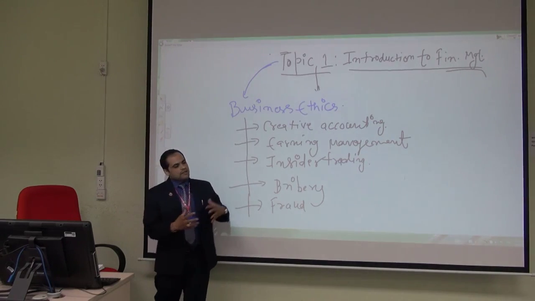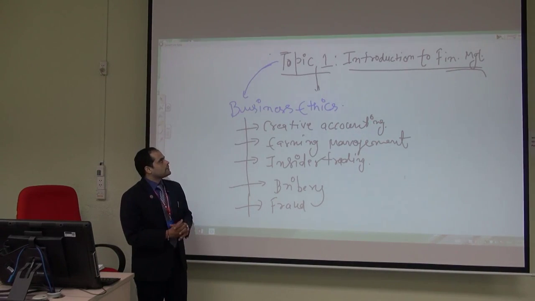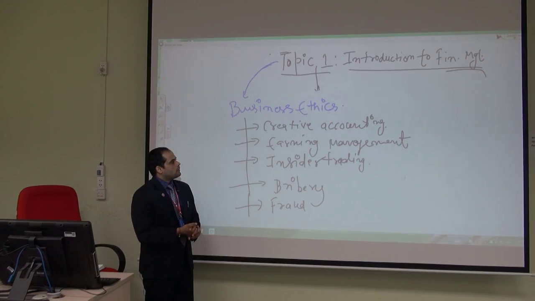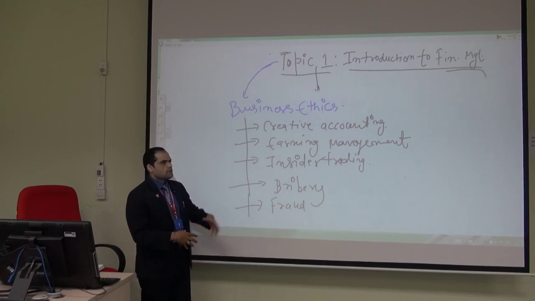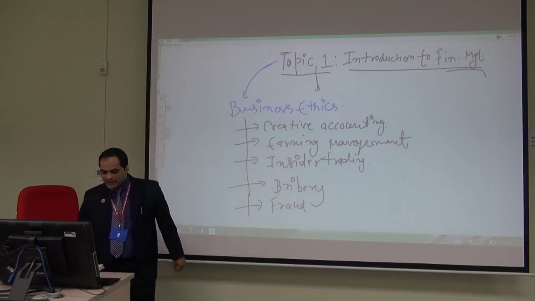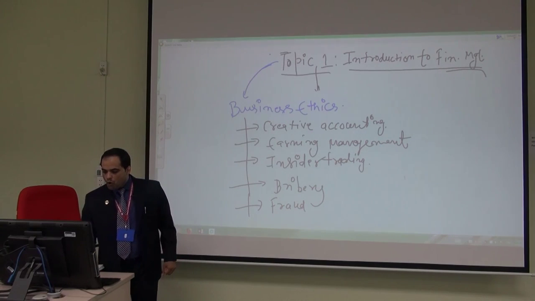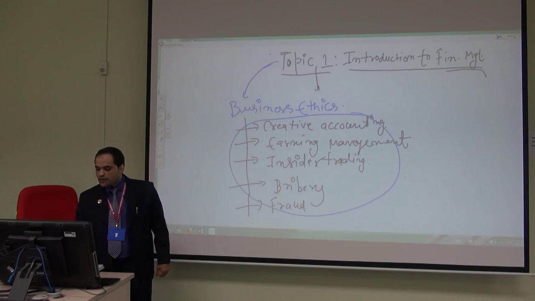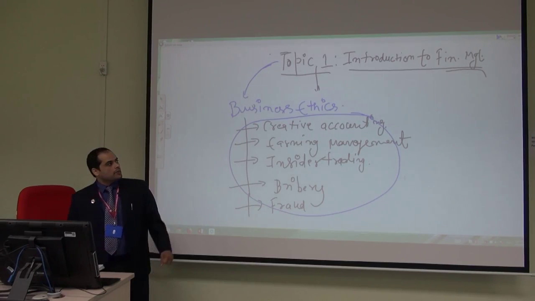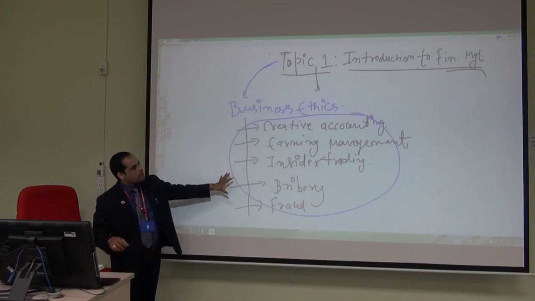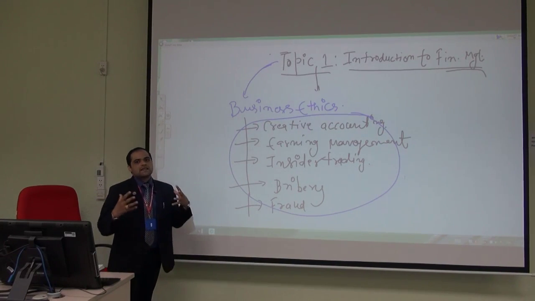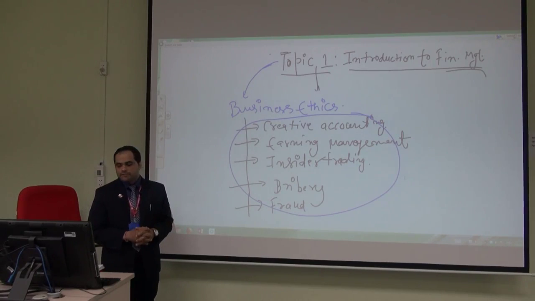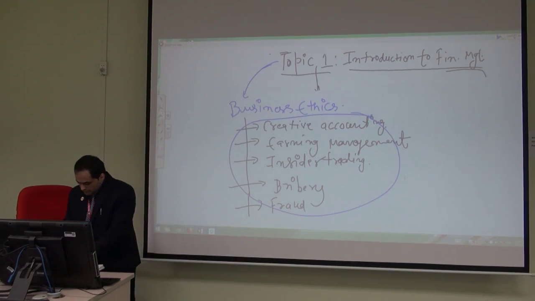Maybe there are many more examples of unethical behavior, but these are just a few examples for you to understand it. So the idea is that we should avoid all these kinds of behavior to encourage good business practice. Right. So that's all about ethics. Now we move on to the next one.